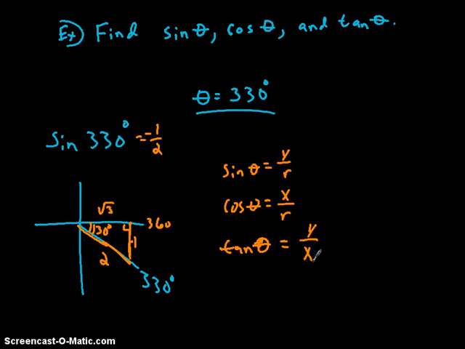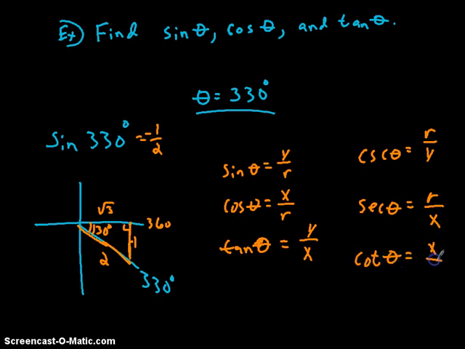And for that matter, cosecant is r over y, because it's reciprocal of sine, and secant is r over x. Cotangent is x over y. So that's an old note you have, and it's useful.